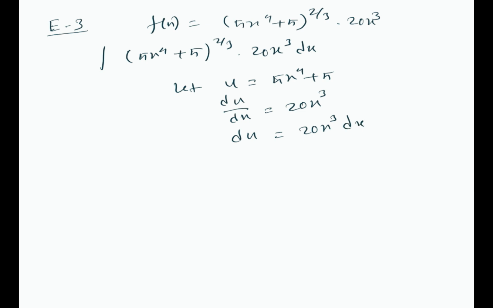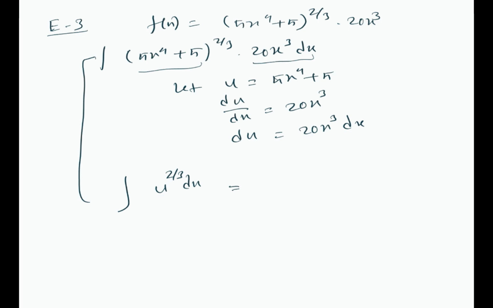So if you check now, we have du, which is 20x^3 dx, we have it here, and our u is 5x^4 + 5, we have it here. So we can rewrite our integral. So the integral of u to the power 2 over 3 du.